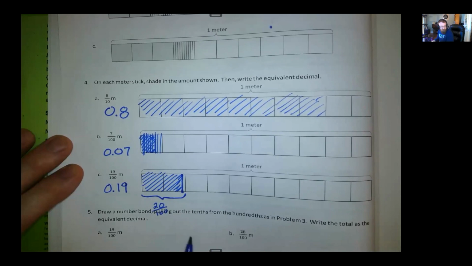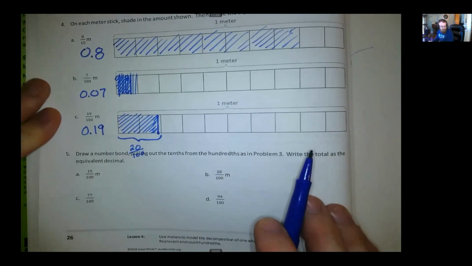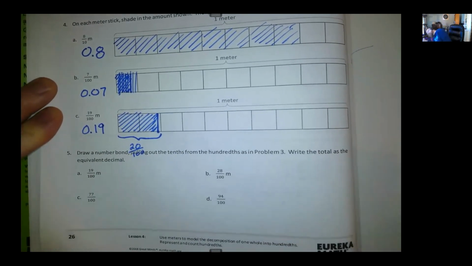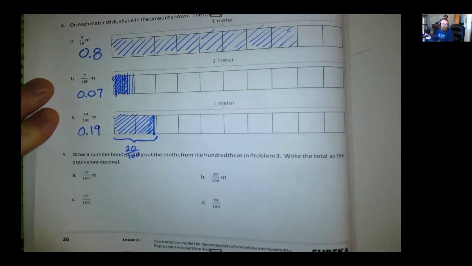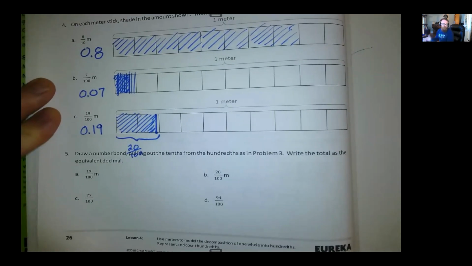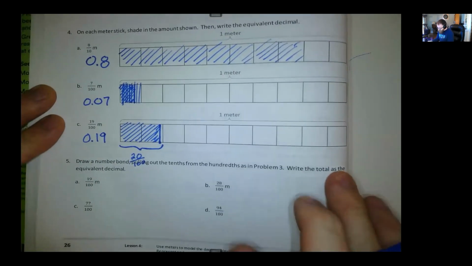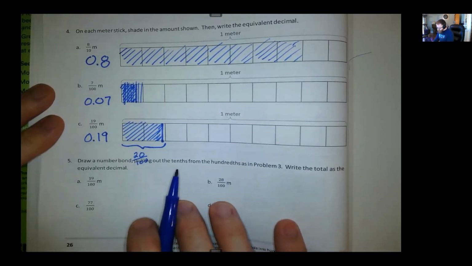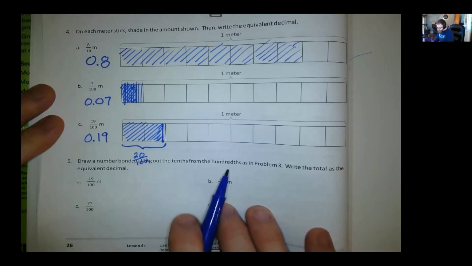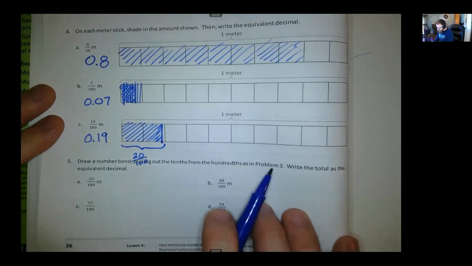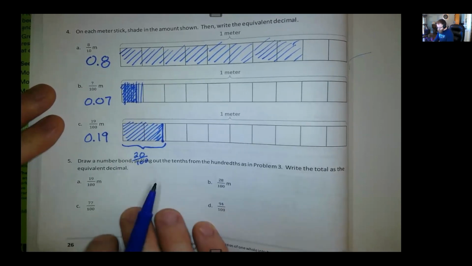Number 5 on the problem set is going to show us, this is the second part of your exit ticket. You'll see it looks similar to that. Draw a number bond, pulling out tenths from the hundredths, as in problem 3. Write the total as the equivalent decimal.